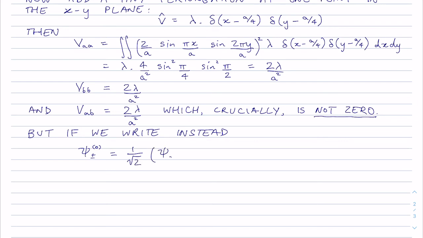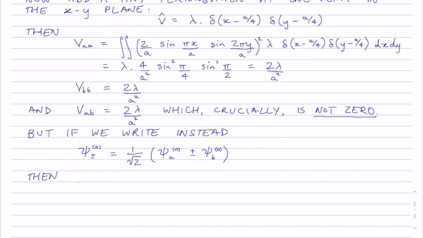It's a linear combination of psi A and psi B, unperturbed. The plus sign is for plus, the minus sign for minus. And then VAA, VBB, V++, V-- are all the same.